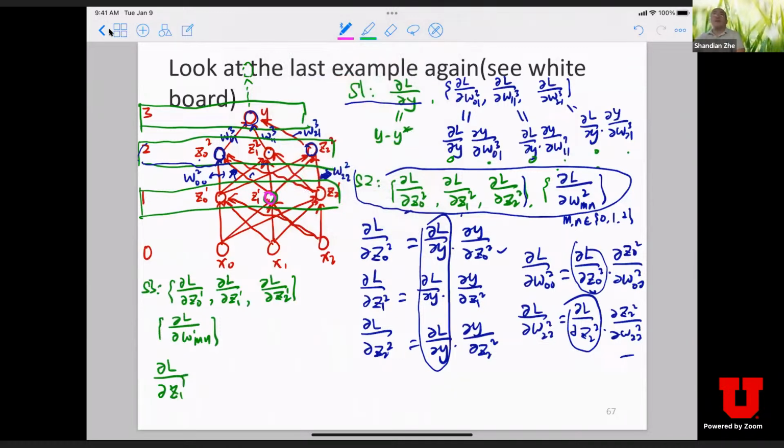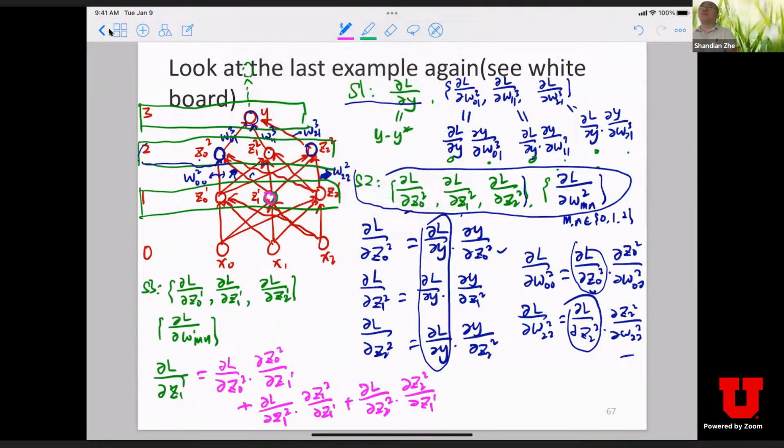All neurons in layer 2 are parents of Z11, right? So that means Z11 depends on all the neurons in layer 2. So then apply the chain rule. It is partial L over partial Z02 times partial Z02 over partial Z11, plus partial L over partial Z12 times partial Z12 over partial Z11, then partial L over partial Z22 times partial Z22 over partial Z11, right?